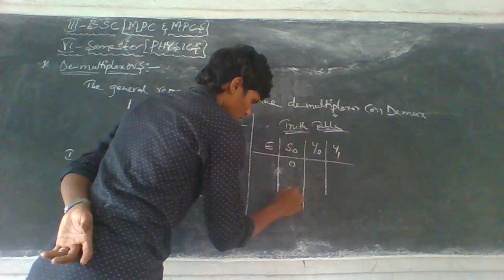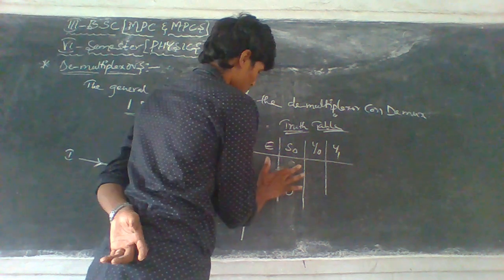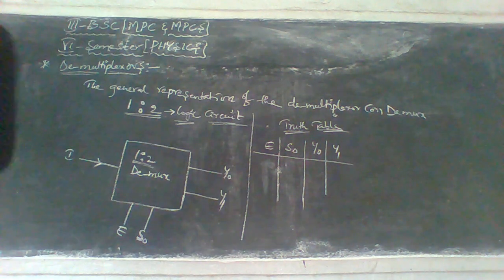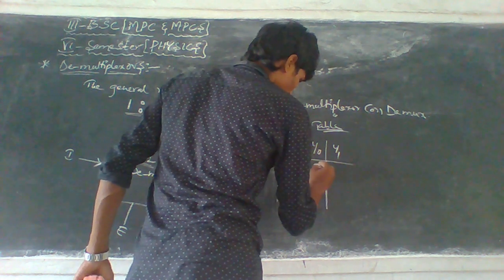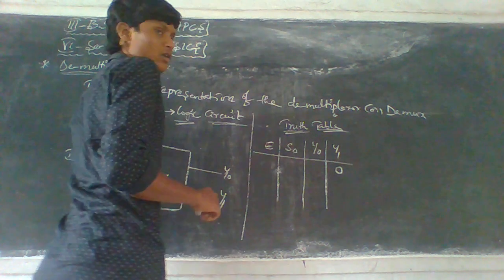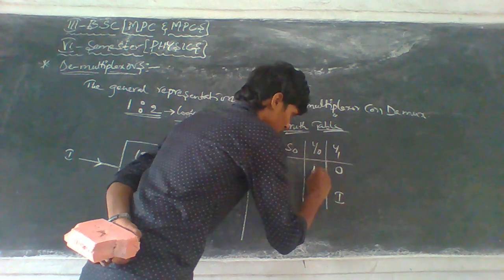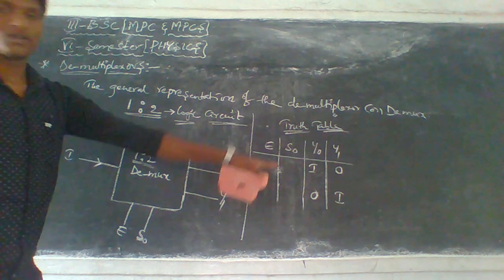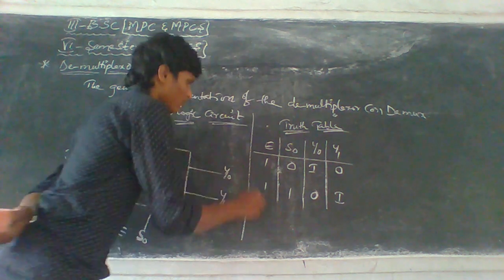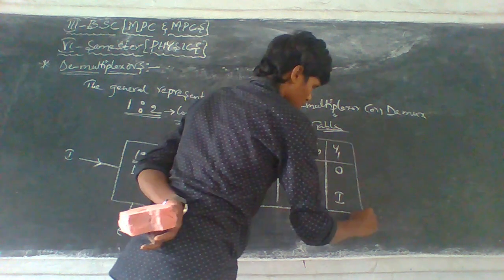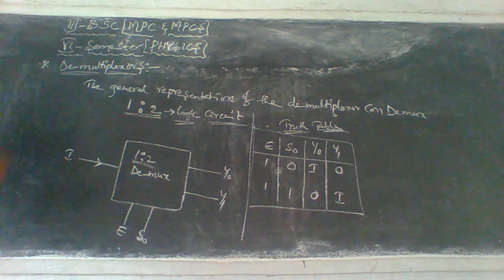For S0 equal to 0, the output Y0 is I and Y1 is 0; for S0 equal to 1, Y0 is 0 and Y1 is I. So this is the truth table of the one line input to two line output demultiplexer.